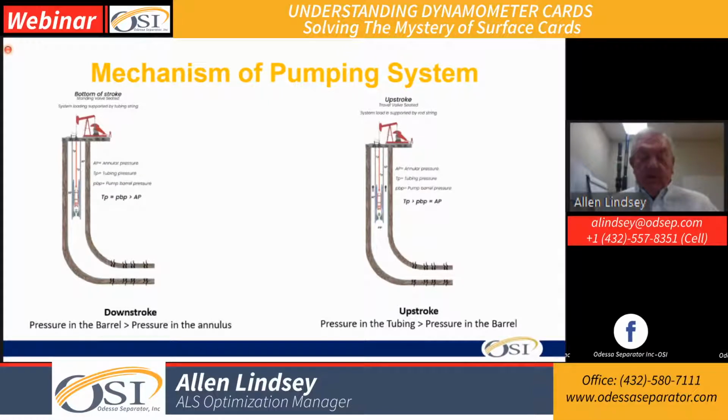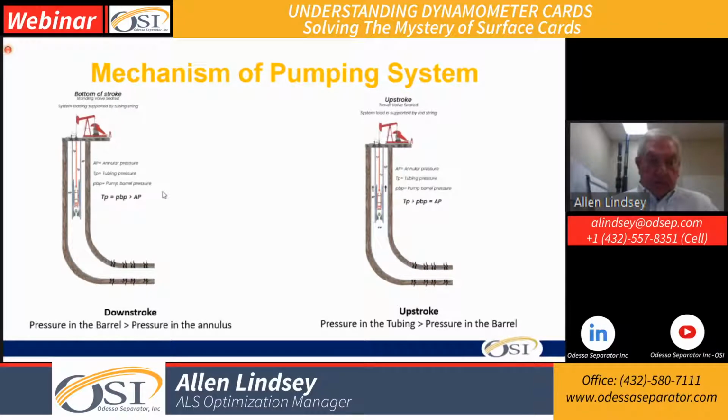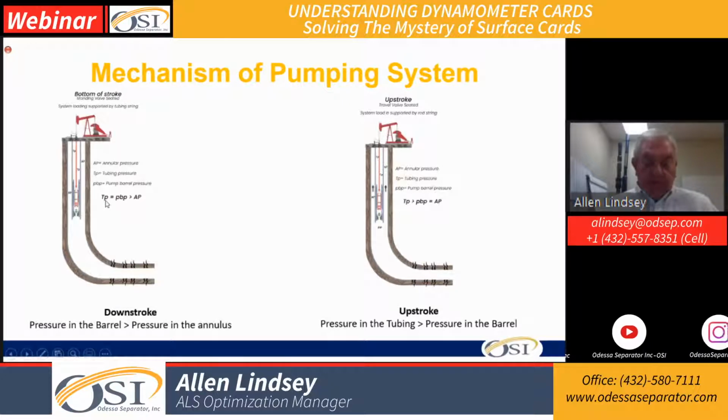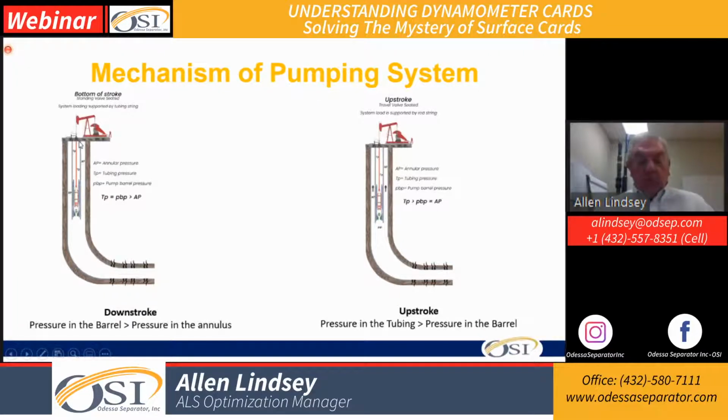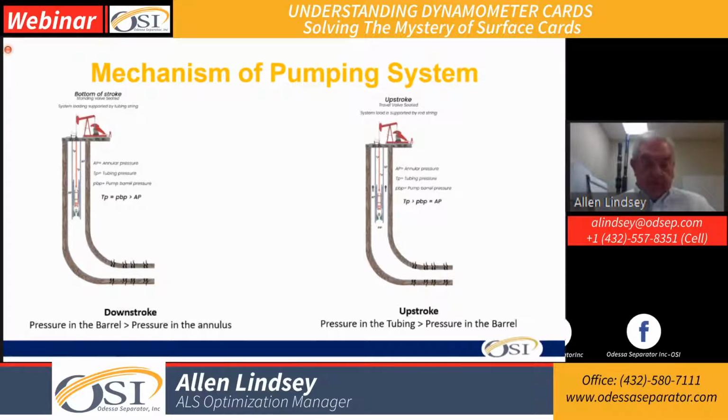As mentioned earlier, the subsurface pump valves operate according to pressure changes in the pump barrel. Tubing pressure, noted as TP here, is a result of fluid in the tubing and will not change if the tubing is full.